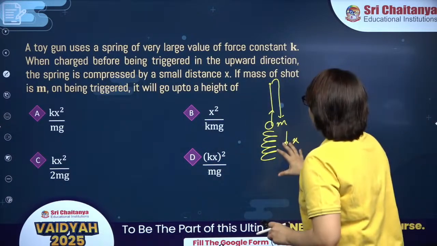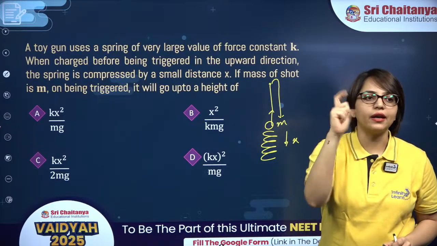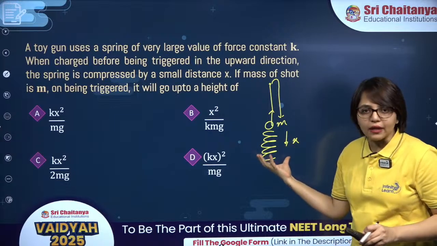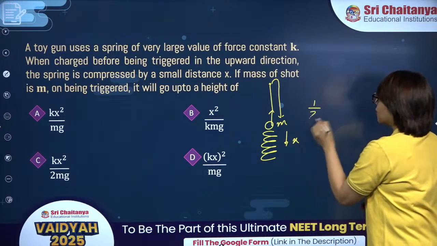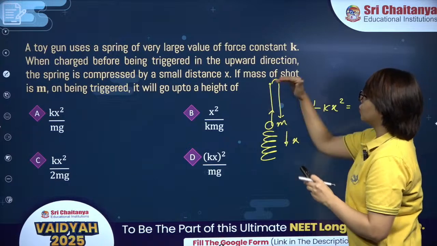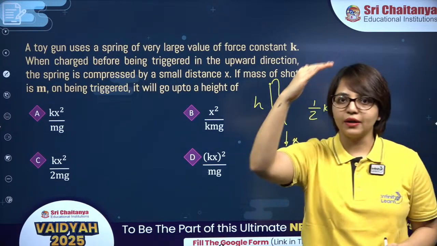So it is very simple. Why is it going up? Because we are providing it certain energy. Where is that energy coming from? From the spring. The spring is providing half kx square energy, and with the help of this energy, it is going up to a height h.